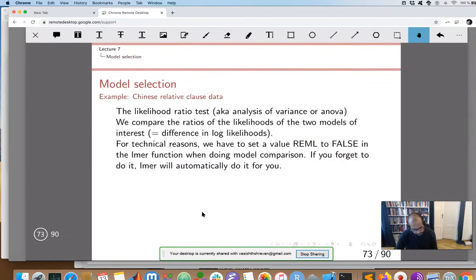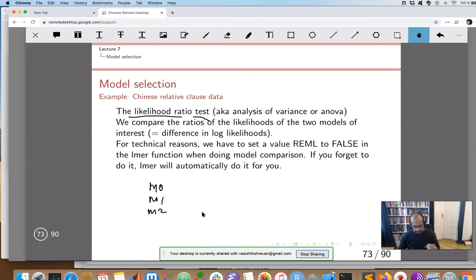So how would you do that? Basically we're going to use the likelihood ratio test to compare, for example, M0 with M1 and M1 with M2. We're just going to look at the difference in the log likelihoods, just like I had shown you earlier in the lecture on the matrix formulation of the linear model.